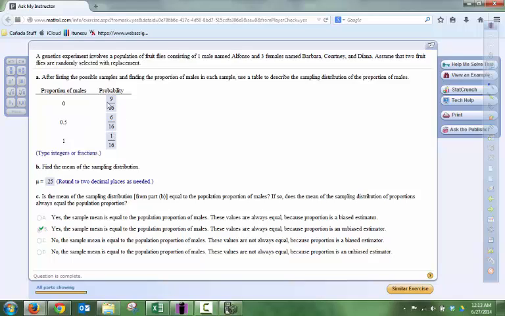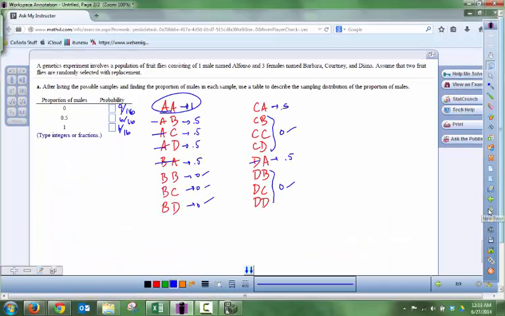I think the most difficult part is finding these probabilities, and for that you need to just find out all the different combinations of two sample fruit flies that you can get out of these 4 fruit flies. And in finding those samples, try to figure out what the proportion of male is, if it's 100% male, if it's 50% male, or if it's 0% male.